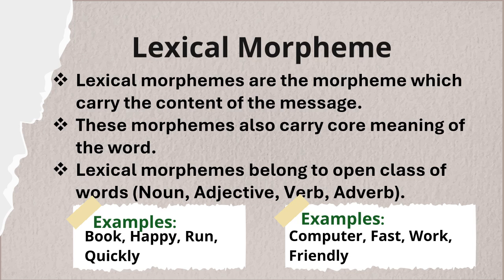Lexical morphemes represent ideas, objects, actions, or qualities, and are the words that give meaning and substance to our sentences. For example, book, happy, run, and quickly are lexical morphemes. Each of these expresses meaning independently. Book refers to a physical object, happy conveys an emotion, run denotes an action, and quickly describes the manner in which an action occurs. Because they can stand alone and carry meaning on their own, all of these words and others like these are examples of lexical morphemes.